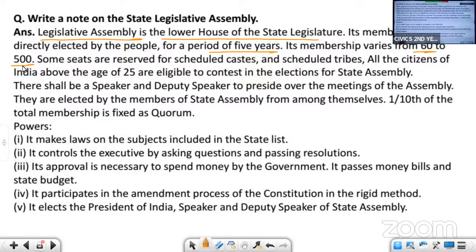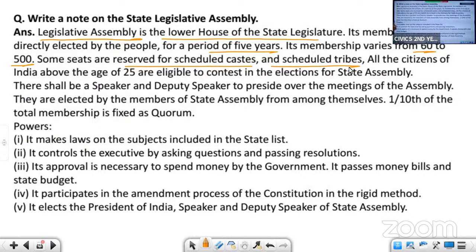It can vary from 60 to 500, depending upon the population and the area of that particular state. Okay. So some seats are reserved for scheduled castes and scheduled tribes.